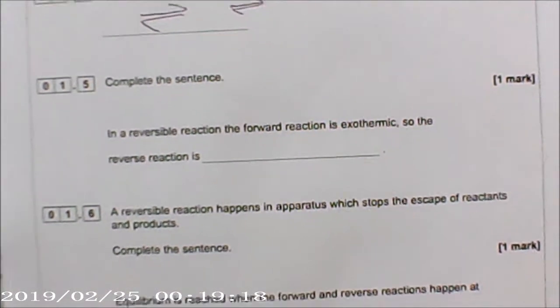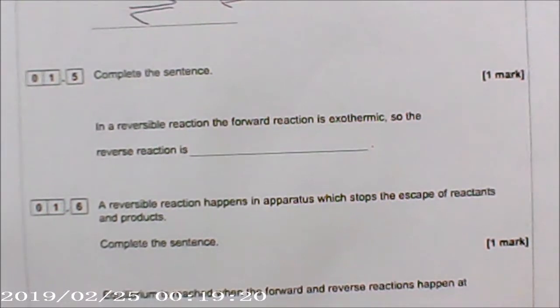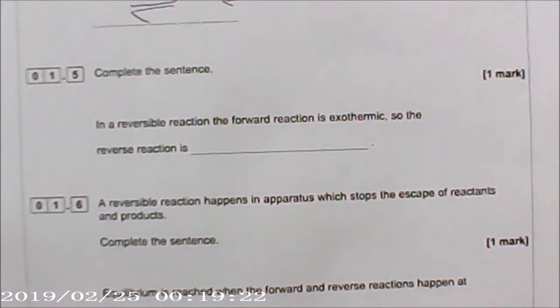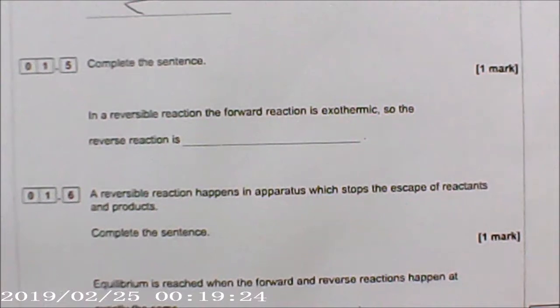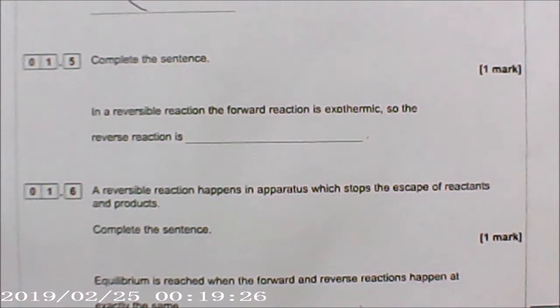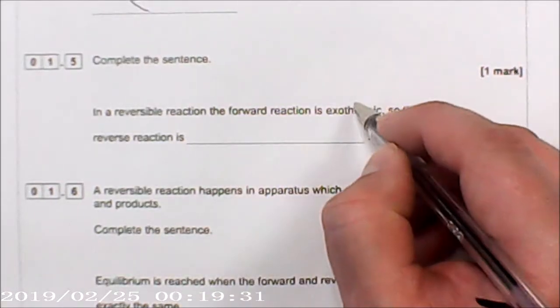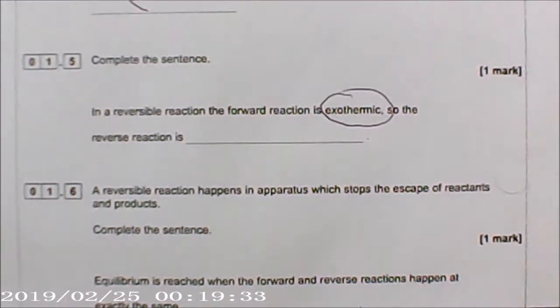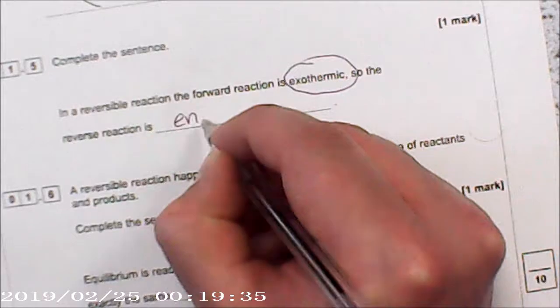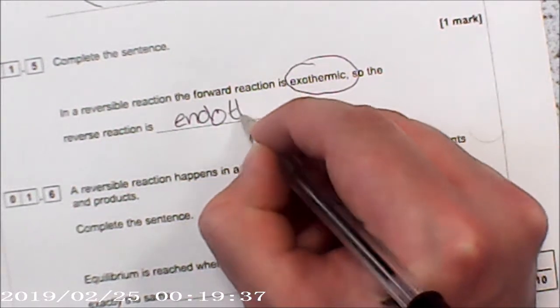1.5, complete the sentence. In a reversible reaction, the forwards reaction is exothermic, so the reverse reaction is, and hopefully we know that if one is exo, the other has to be endothermic.